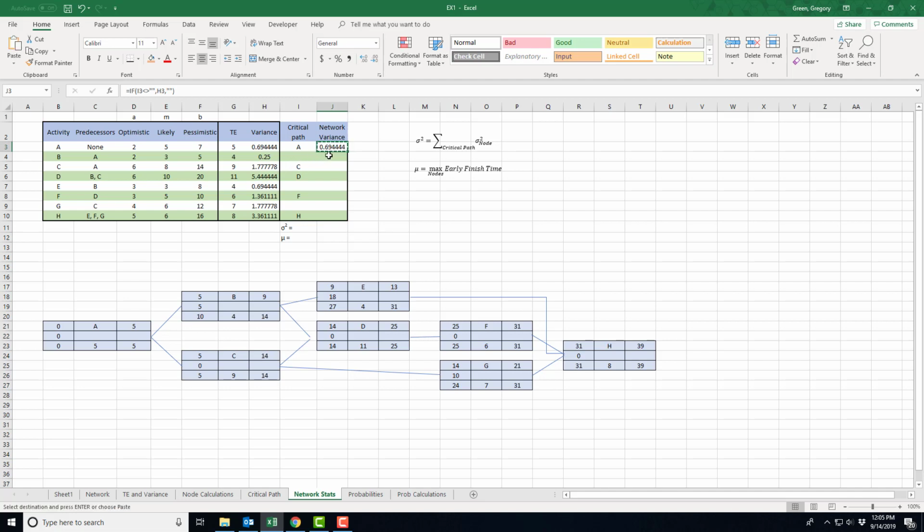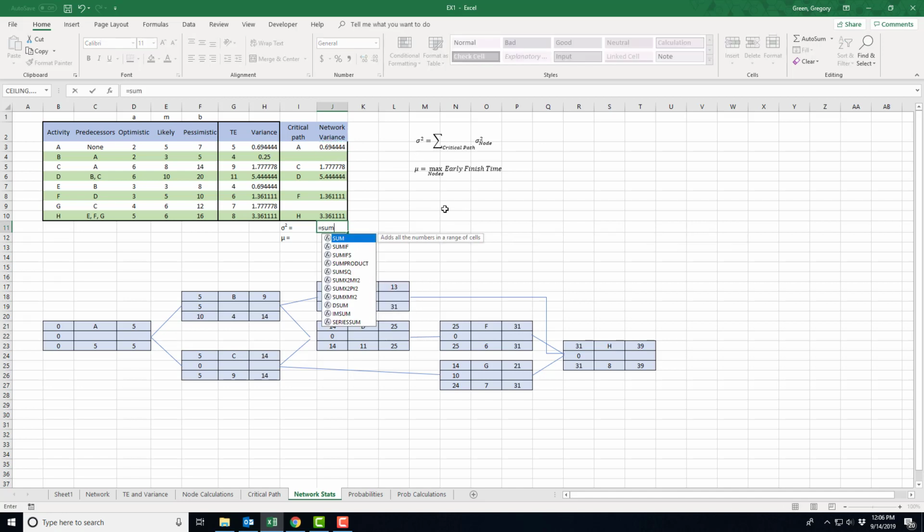See, I'm using that if-then function. So I'm just going to paste special. And notice everything on the critical path, the variance at each node on the critical path is showing up. For the network as a whole, what I need to do is add up those variances. So I'm just going to take the sum of the variances on the critical path.